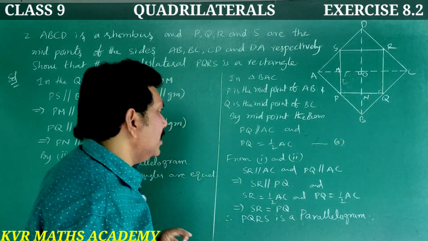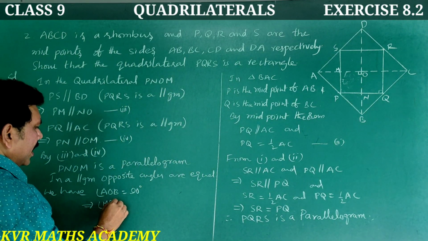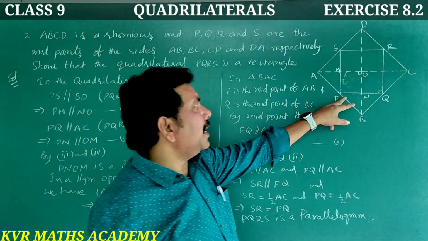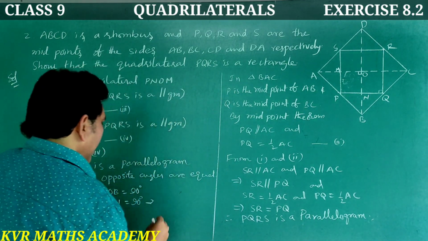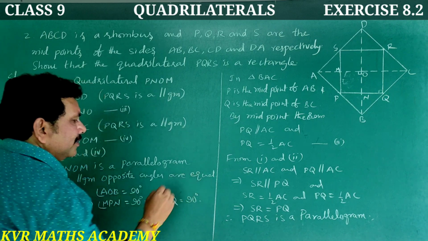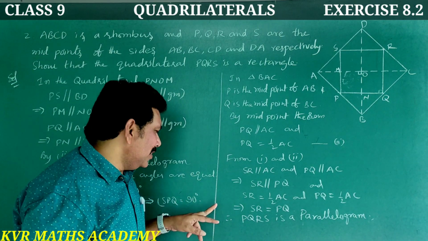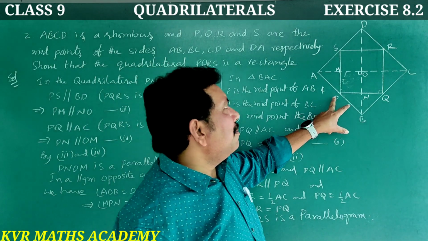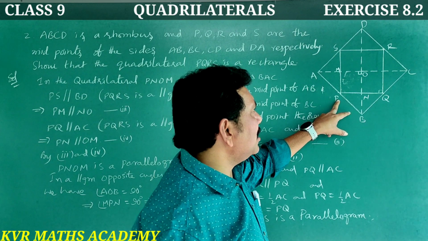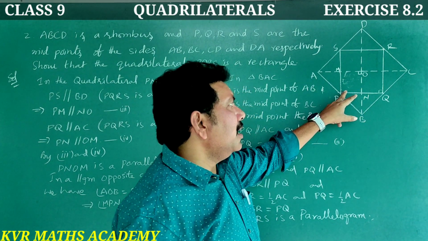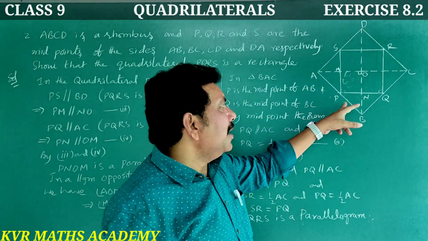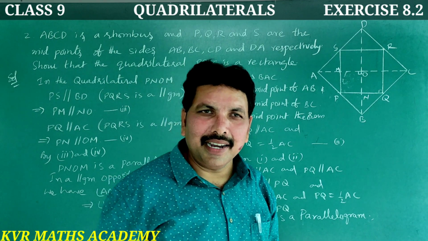Angle MPN is equal to 90 degrees. So that implies MPN, that is angle P, so angle SPQ is equal to 90 degrees. Angle SPQ is equal to 90 degrees, which means PQRS is a parallelogram and angle SPQ is equal to 90 degrees. Here a parallelogram in which one angle is 90 degrees is called a rectangle, therefore PQRS is a rectangle.